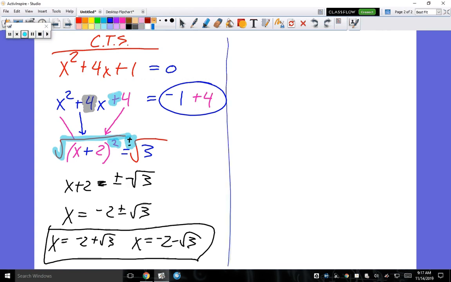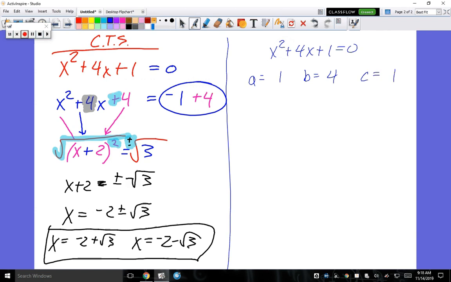So now if I did the same thing with the quadratic formula, Hannah, what's A? 1. Chet, what's B? 4. Yep. Emeka, what's C? 1.